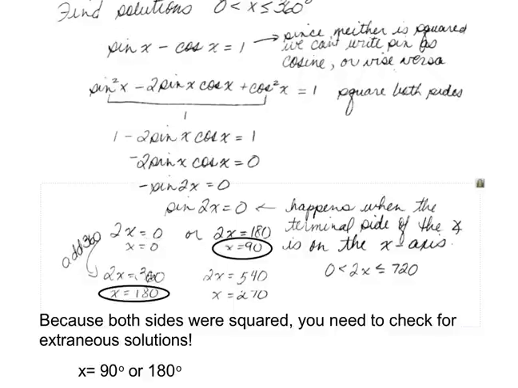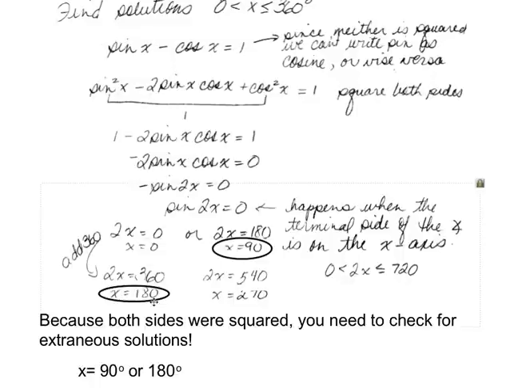So I added 360 to get 2x equals 360, and I added 360 here to get 2x equals 540. If I were going to add the 360 again to each of these, I would be outside of this constraint, so I stop there. Then I solve for x by dividing each of those by 2. So I get x equals 0, x equals 90, x equals 180, and x equals 270.